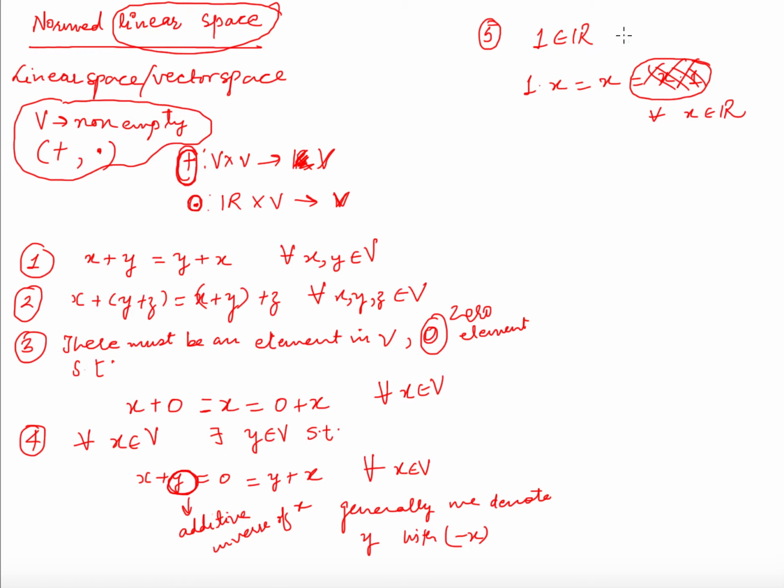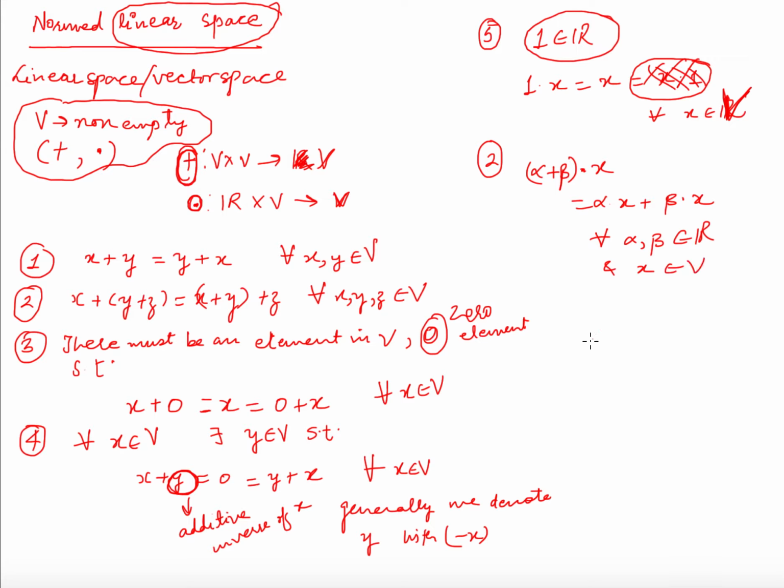And the next property is that (alpha plus beta) dot x should be alpha dot x plus beta dot x for all alpha, beta in R and for all x in V. This is the sixth property.